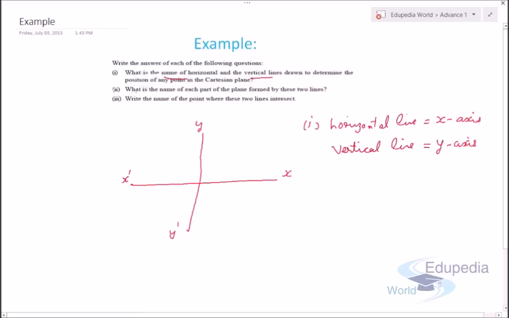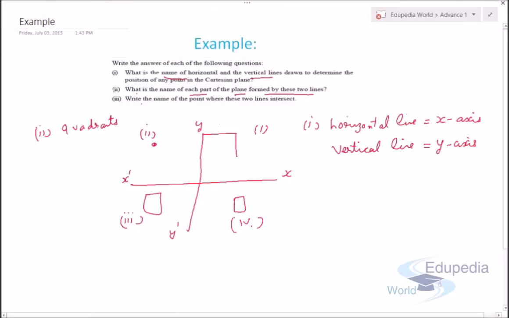Now, the second question is, what is the name of each part of the plane formed by these two lines? Means each and every part, this part, this part, this complete part, and this complete part. They are known as quadrants. Like this is the first quadrant, this is the second quadrant, this is the third quadrant, and this is the fourth quadrant.